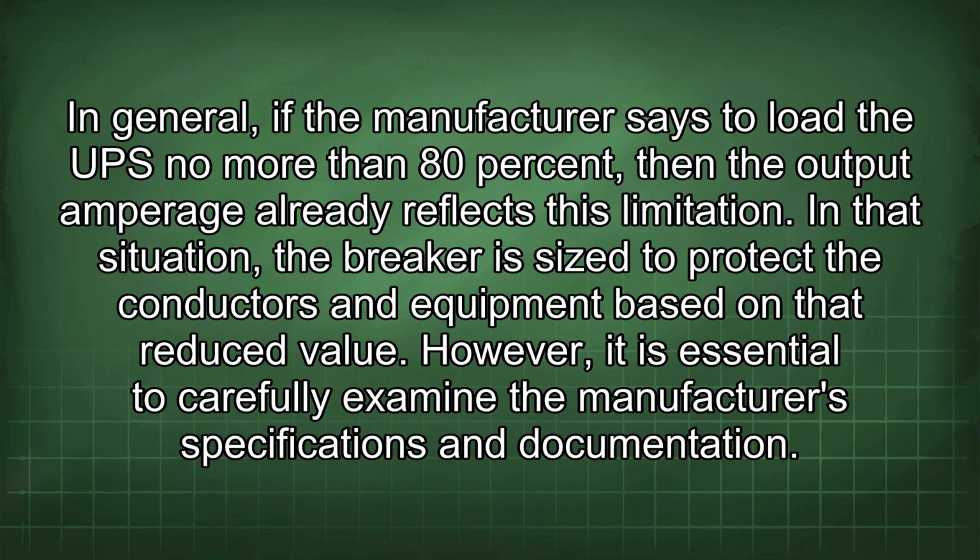In general, if the manufacturer says to load the UPS no more than 80%, then the output amperage already reflects this limitation. In that situation, the breaker is sized to protect the conductors and equipment based on that reduced value. However, it is essential to carefully examine the manufacturer's specifications and documentation.